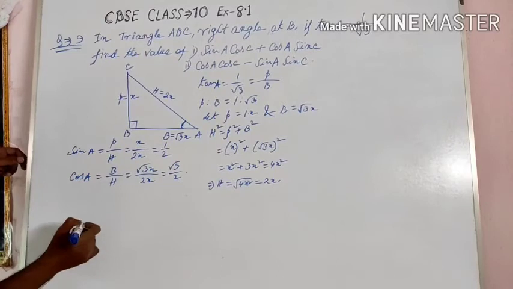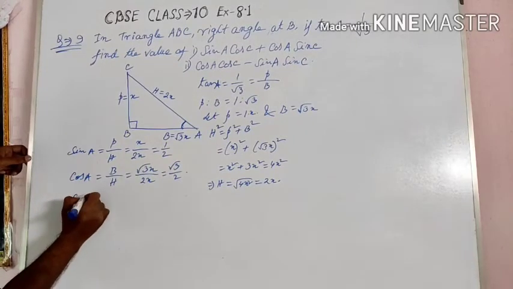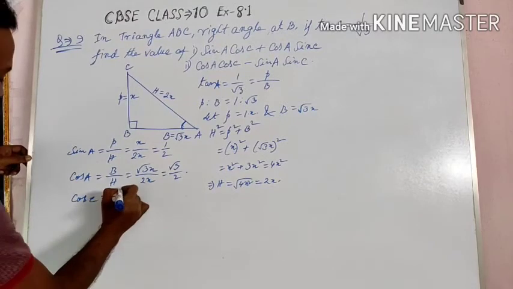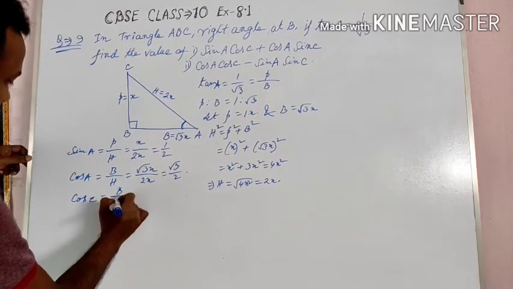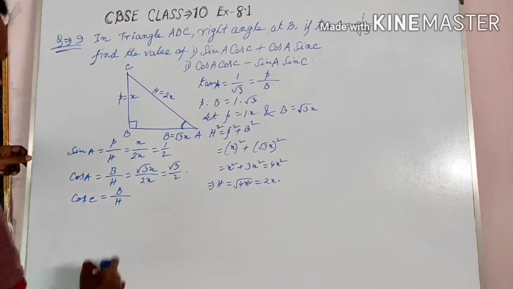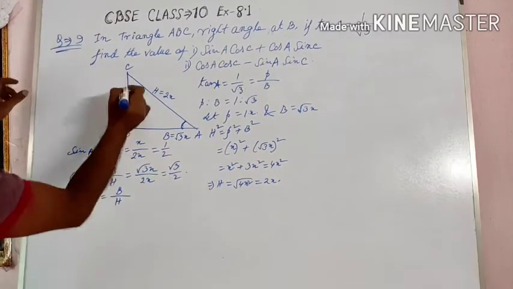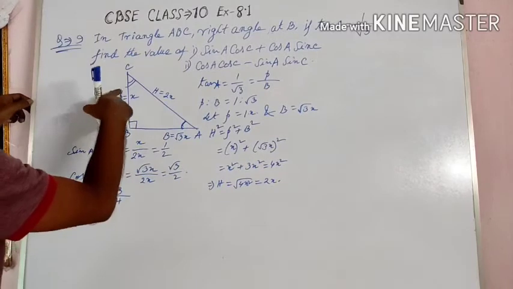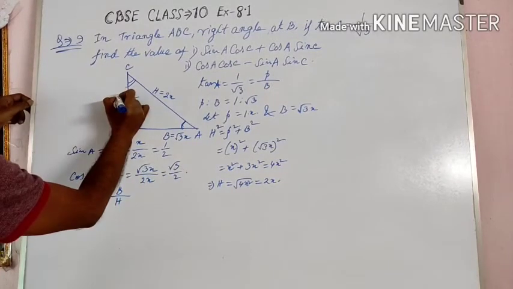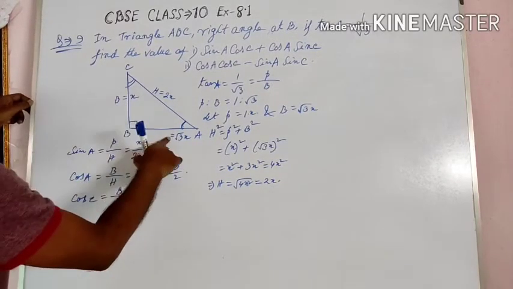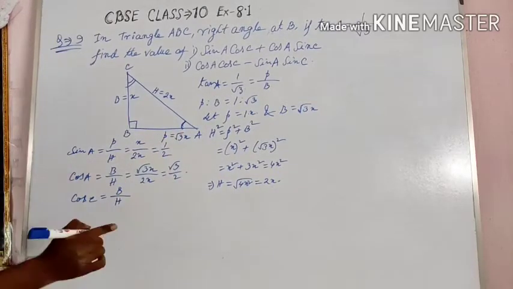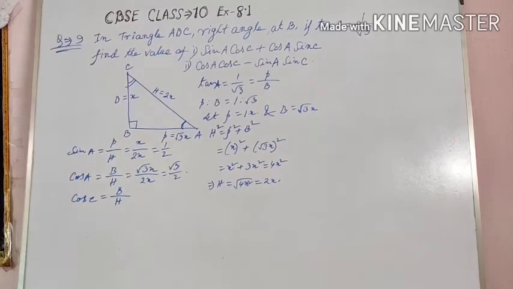What is the value of cos C? Cos C is equal to base by hypotenuse. If the angle is C, then this is your base and this is your perpendicular; the triangle will be the same.